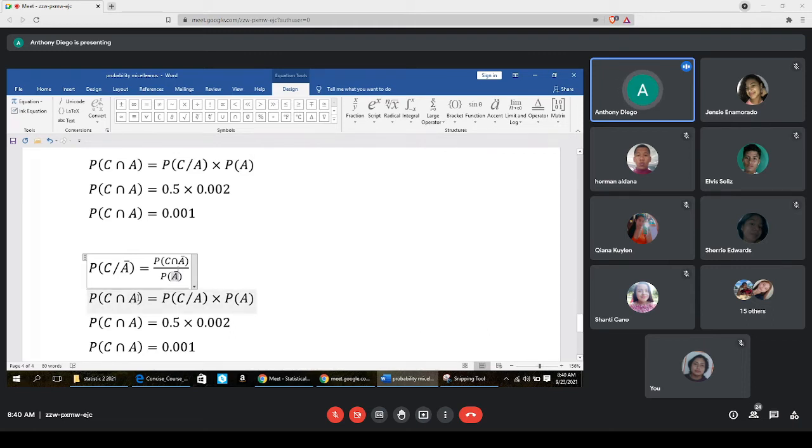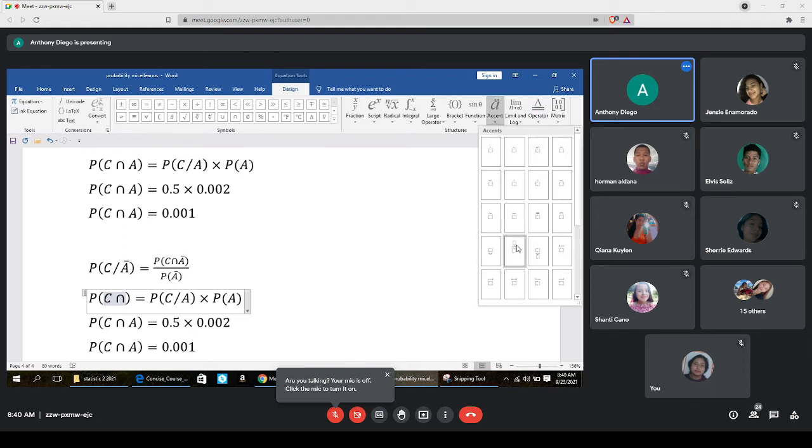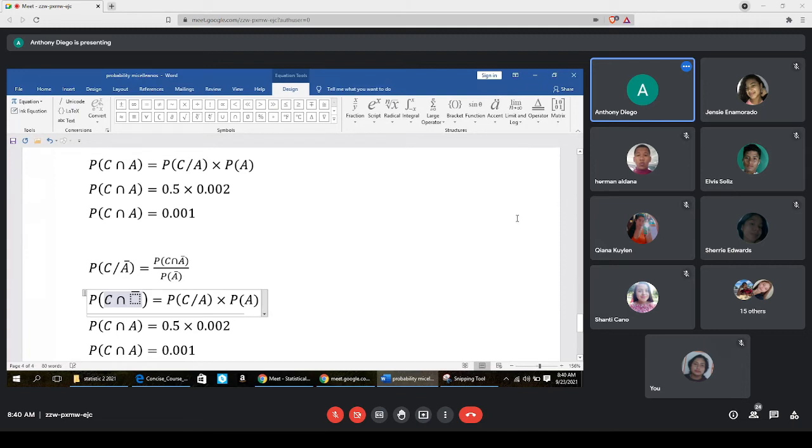So the probability of C intersecting A complement is equal to the probability of C given A complement and the probability of A complement.